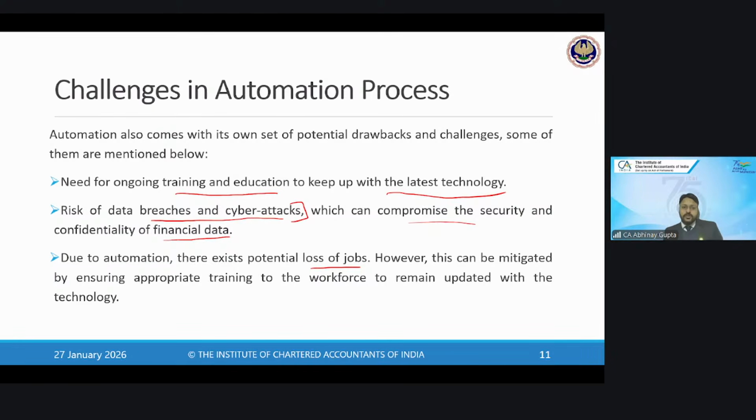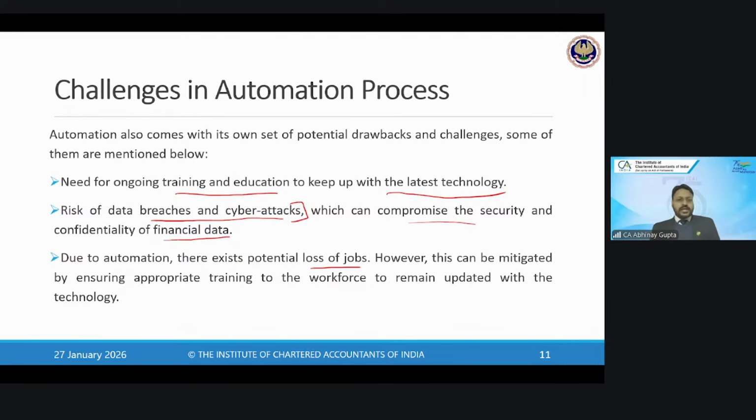So if you are working in a company and the company is on an automation spree, then you need to be prepared to look for different jobs, because someday or other it will happen that the company automates the process we are doing, and we will be redundant for the company, right?